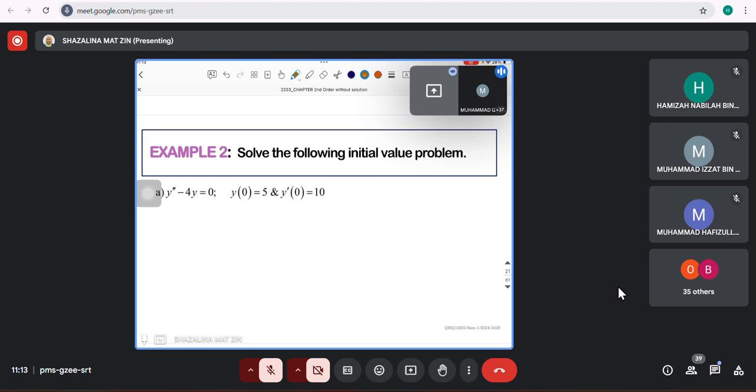Nur Ain, Atikah dari program mana? Nombor matrik macam tak sama je. Nur Ain, Atikah ada? Nur Ain tak ada.